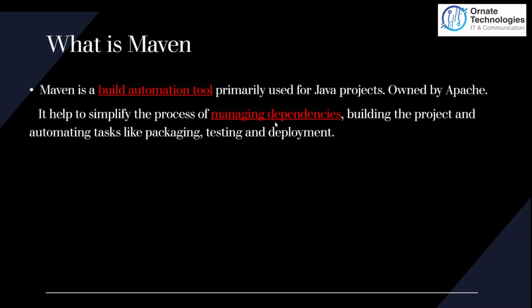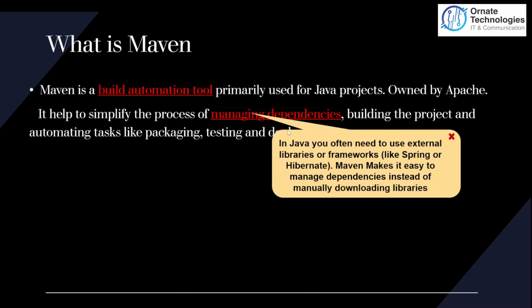Another keynote to understand is managing dependencies. What does managing dependency mean? For example, we have an application, and maybe we have a requirement that says we need to read a particular file. Let's assume it's an Excel file or maybe a CSV file. Java itself cannot do that primarily. You need certain libraries to do it.